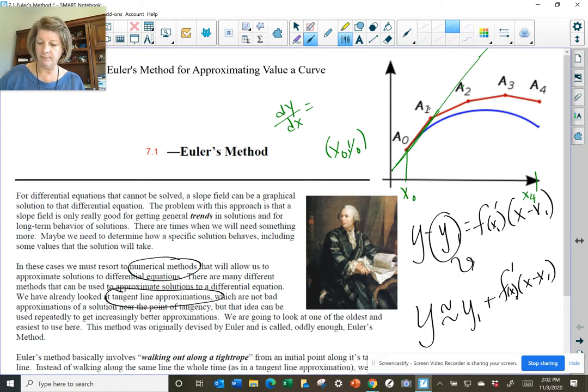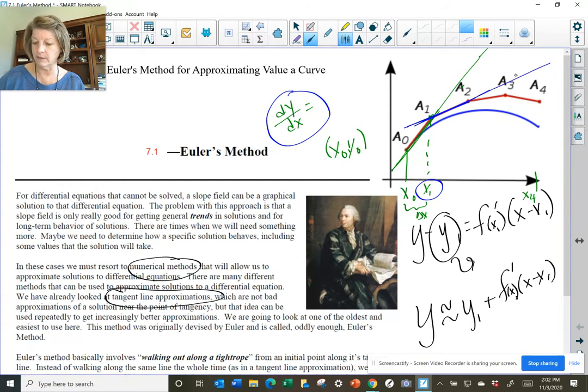But if I stopped and recalculated at a change of x to get me to x sub 1, and I recalibrated my tangent line, so rewrote it, recalculated the slope, and I knew my x1, y1 point, well, now I get a new tangent line, okay? That one's going to be better as I head over to x sub 4.